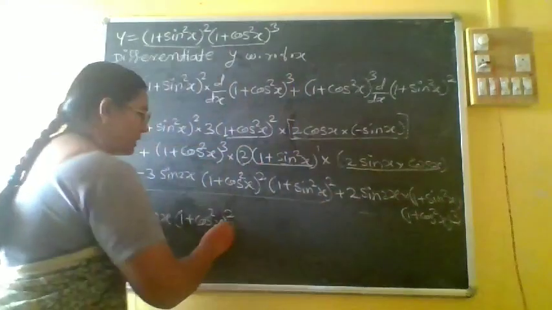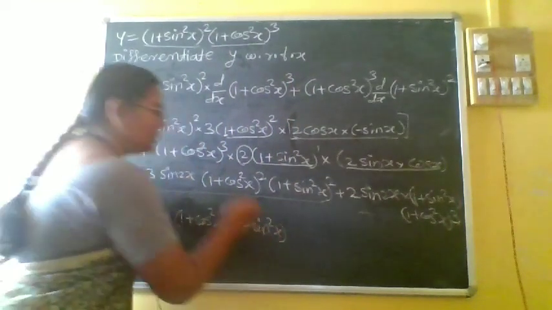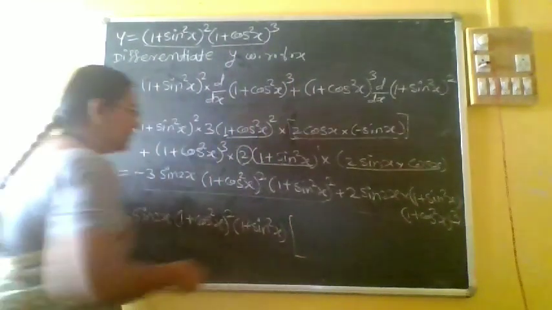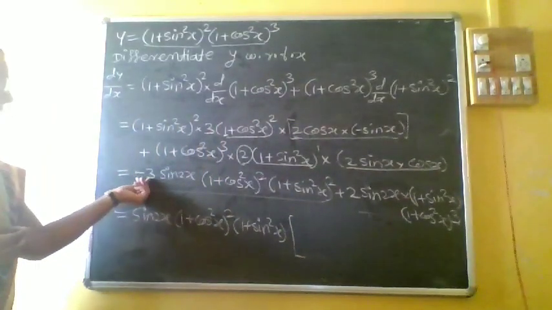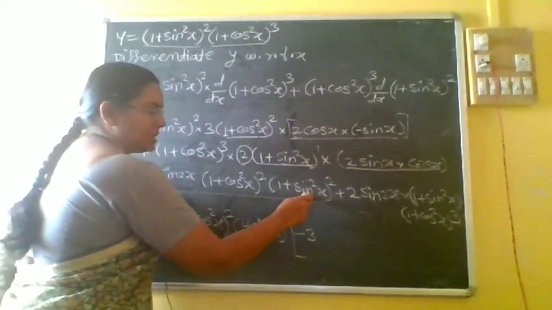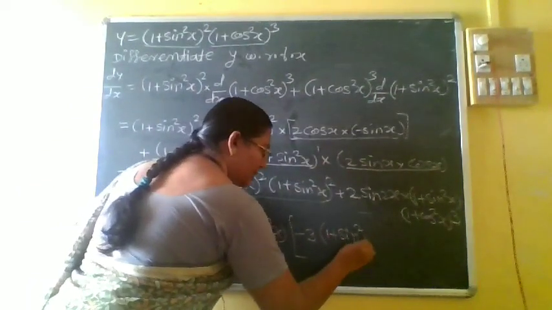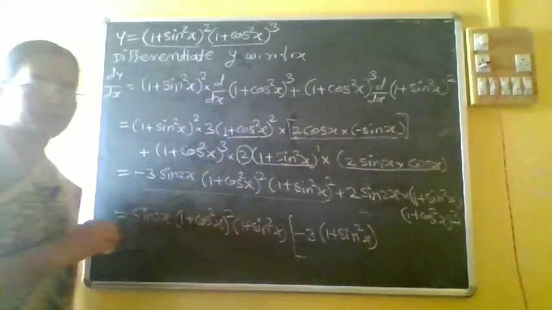We have to take common 1 plus sin square x raised to 1 common, and the remaining term from here is minus 3, 1 plus sin square x remaining term.